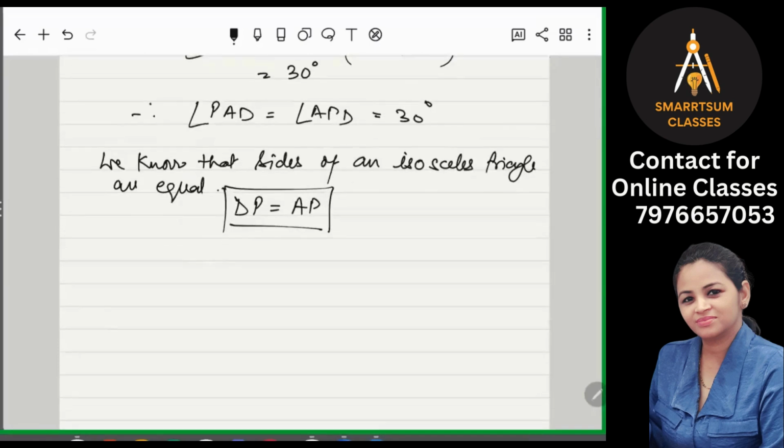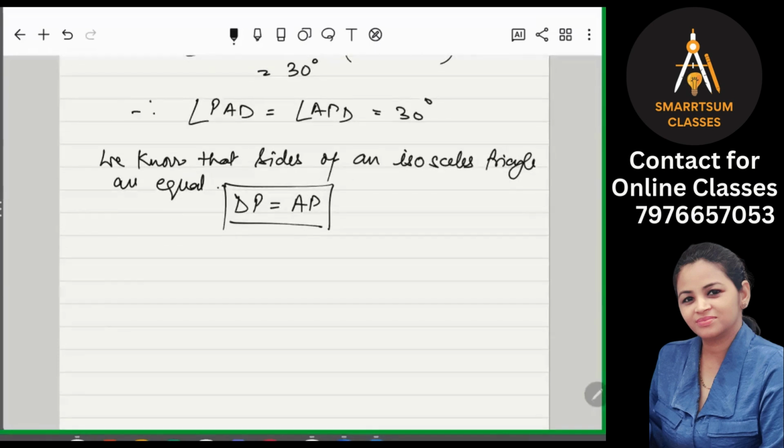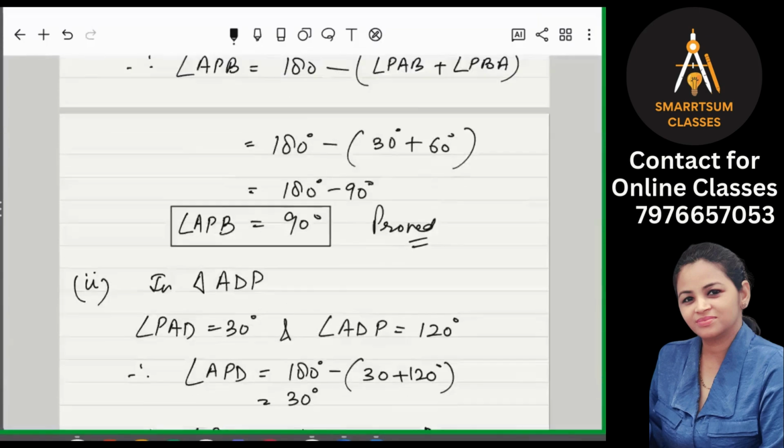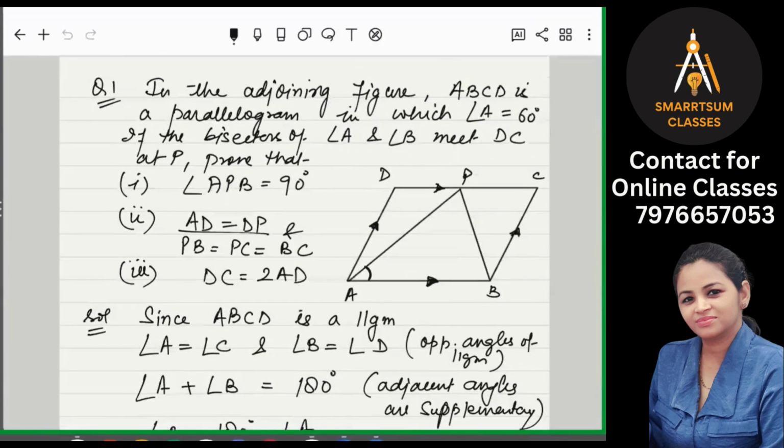Now angle CPB, this one. This is equal to what? What is angle CPB? Can you tell me? This is 90 degree.